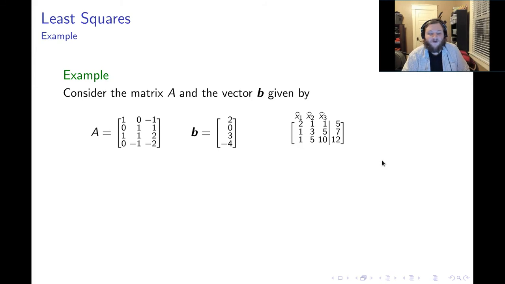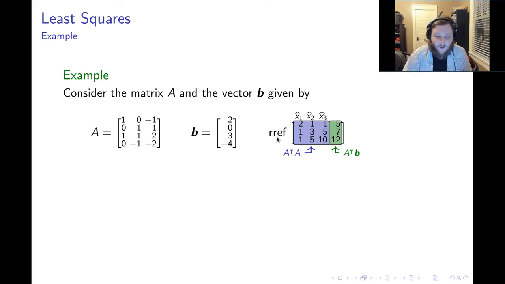So what do I do? I look at the associated least squares problem. The least squares problem is a system where the coefficient matrix is the Gramian of A, and the vector we're augmenting with now is A transpose times b. To solve this system, we row reduce.